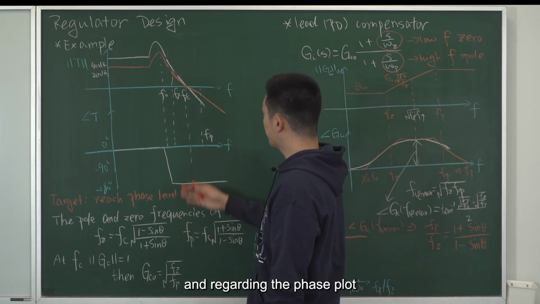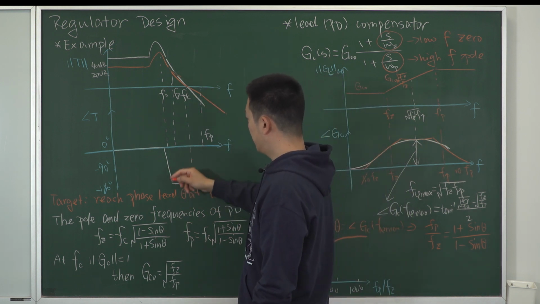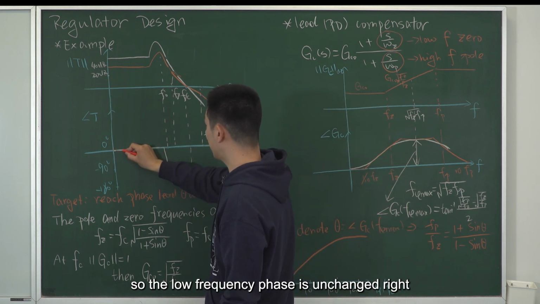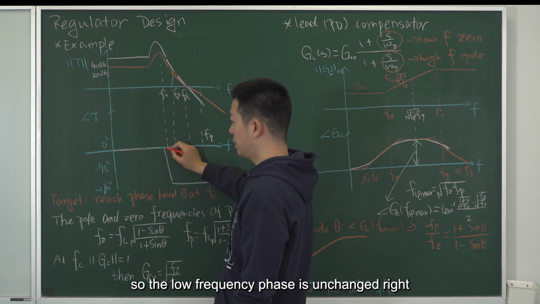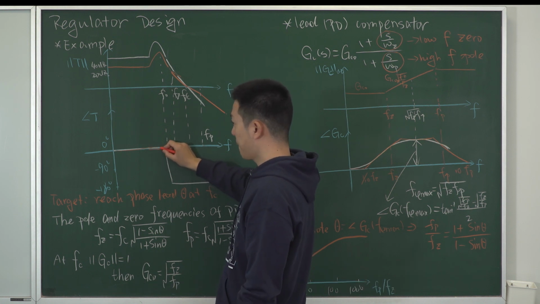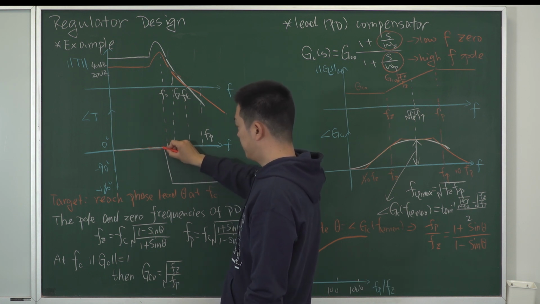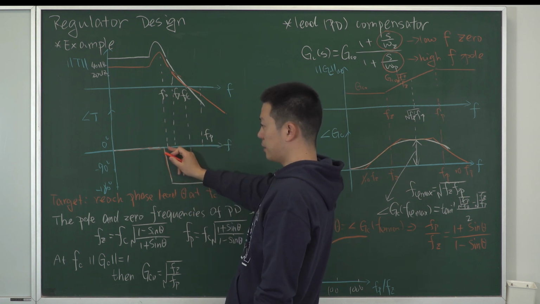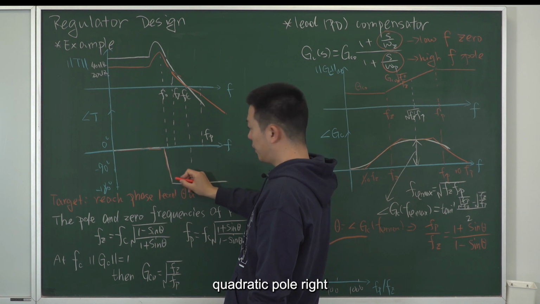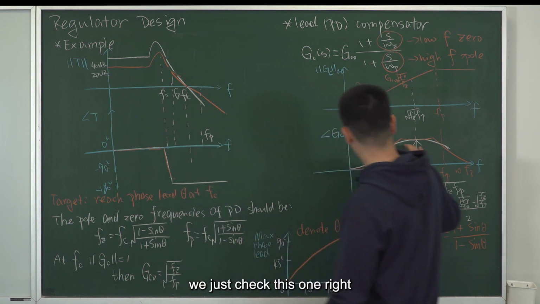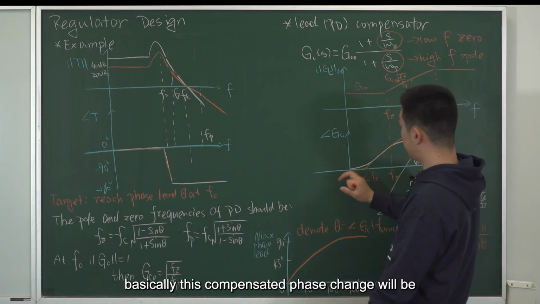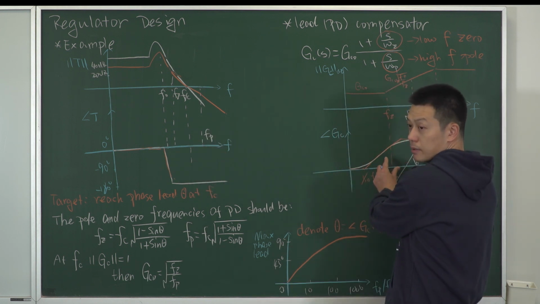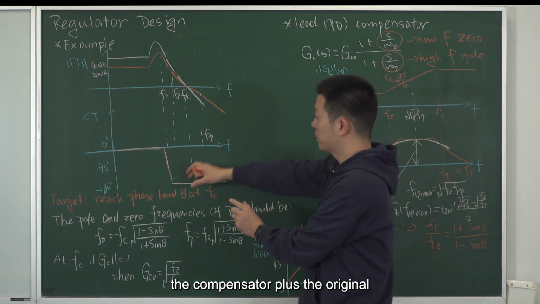And regarding the phase plot, the low frequency phase is unchanged, right? But beyond this quadratic pole, we just check this one, right? Basically, this compensated phase change will be the compensator plus the original, right?